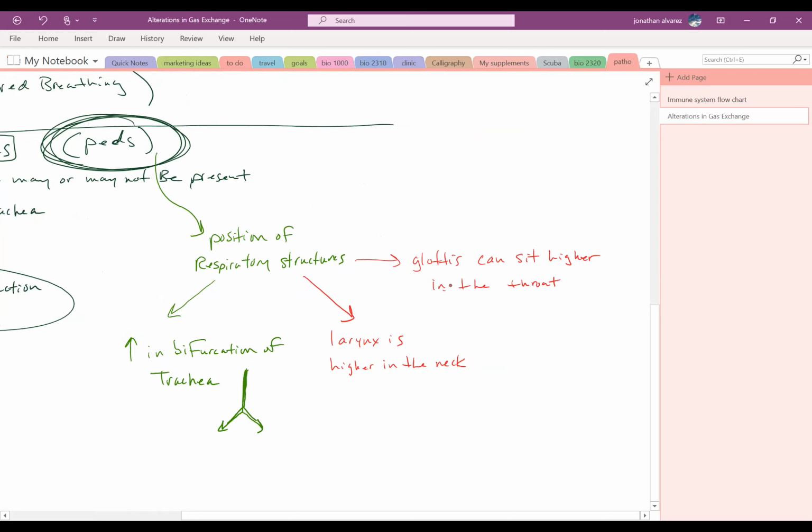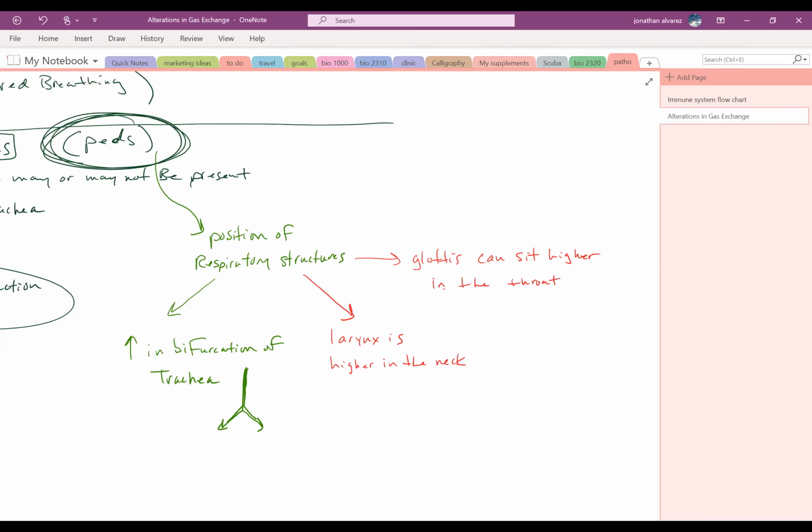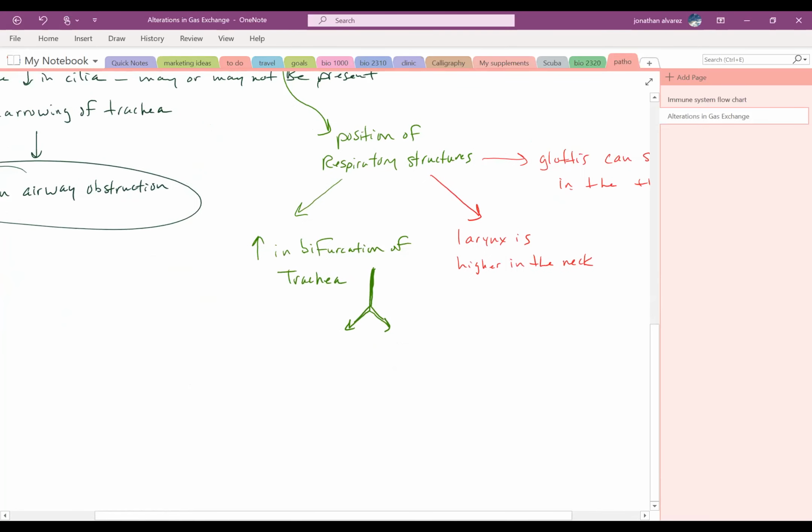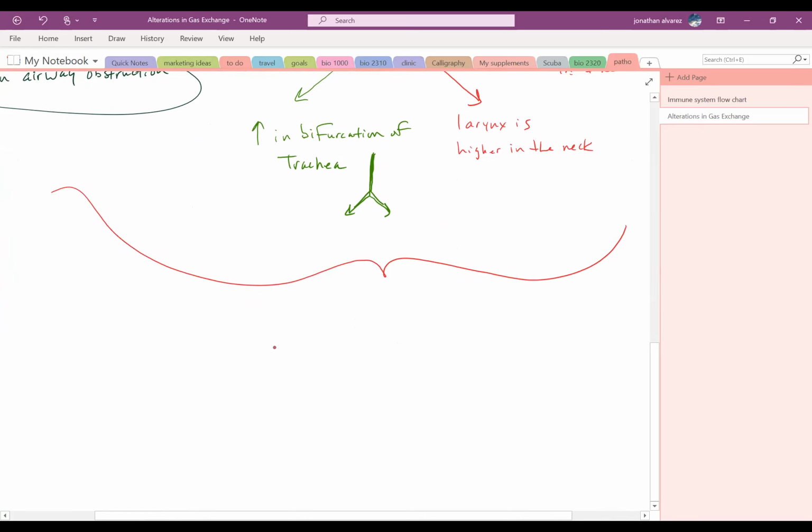Okay, so with peds, these are just some of the things that they evaluate, right? So what are some structural things, some alterations that are contributing to labored breathing, heavy breathing, or increase in respiratory rate.